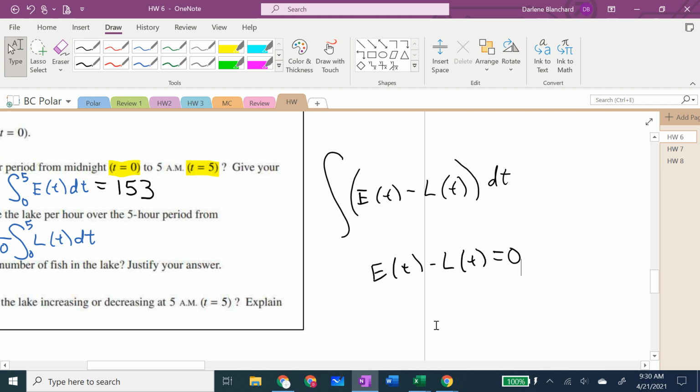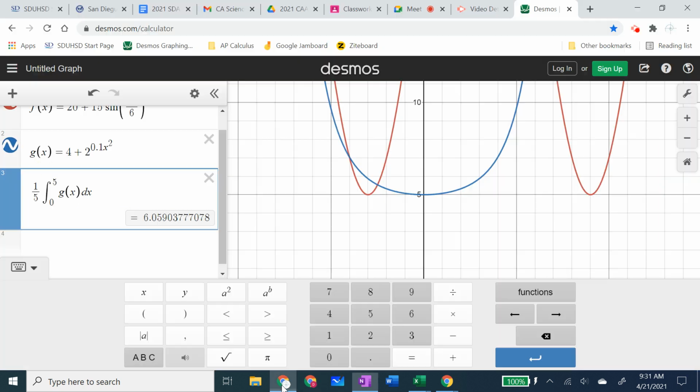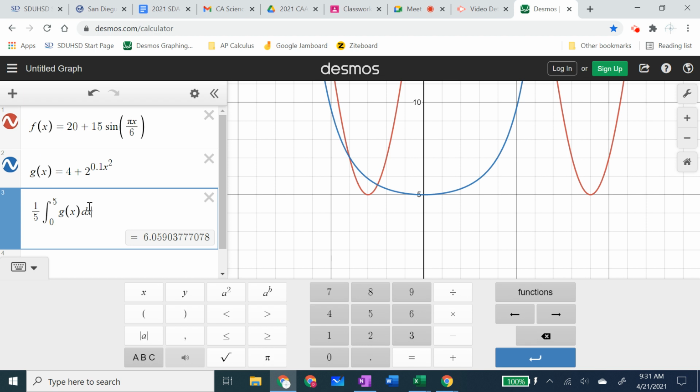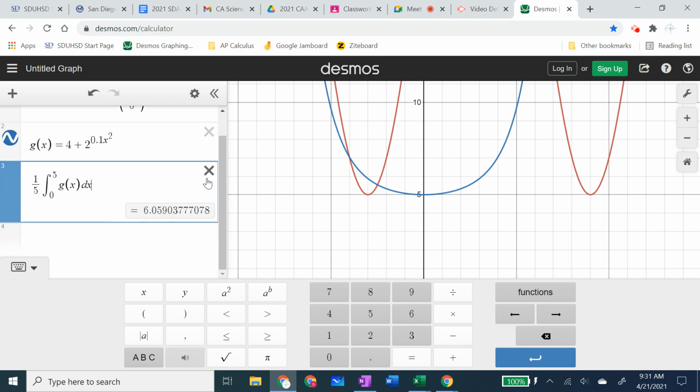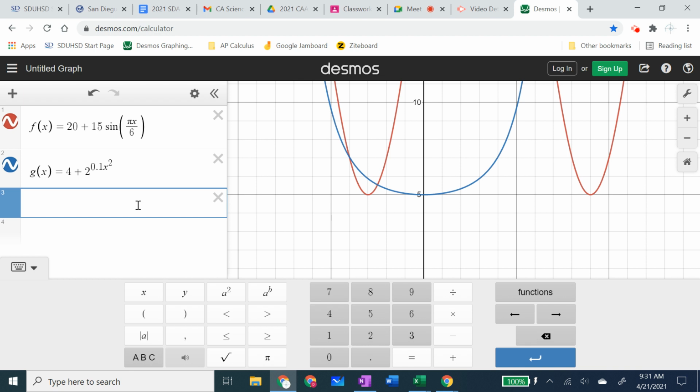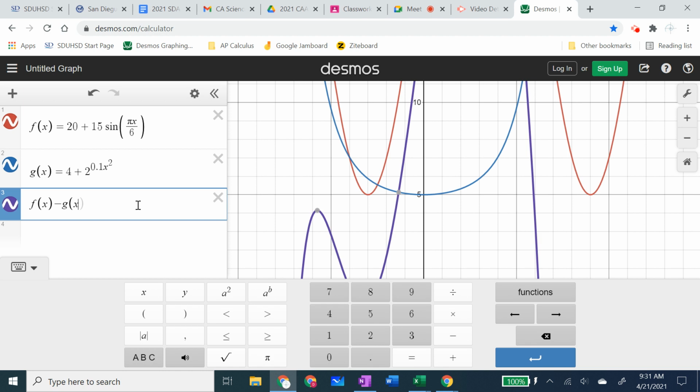With your calculator, you want to make a third function where you are subtracting these two. I'm going to get rid of this, and I'm going to write f of x minus g of x. Yeah, it's a graphing calculator problem.